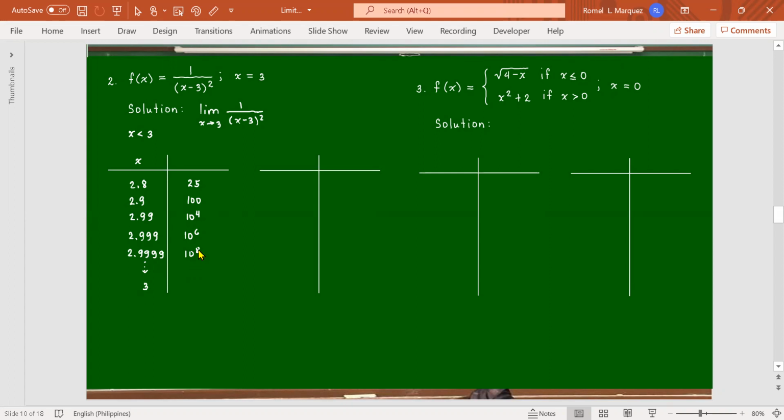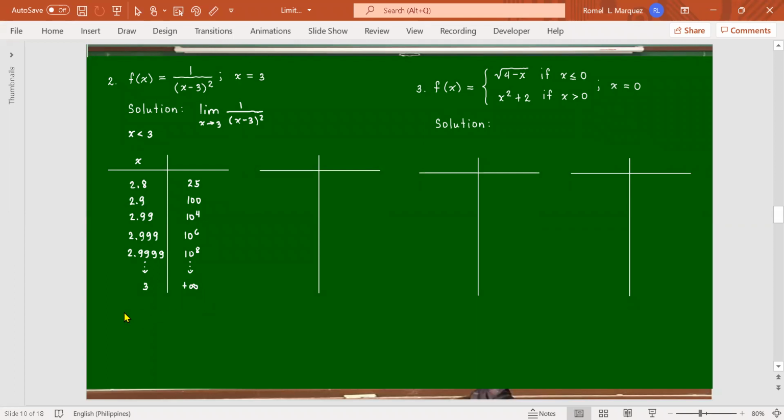Okay, guys? So what do you think is happening? How is f behaving? The function values get bigger and bigger, right? So it means it's going to be positive infinity.